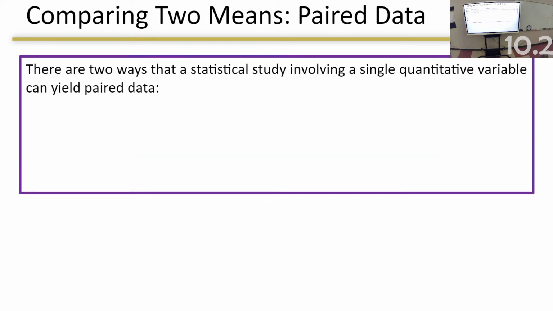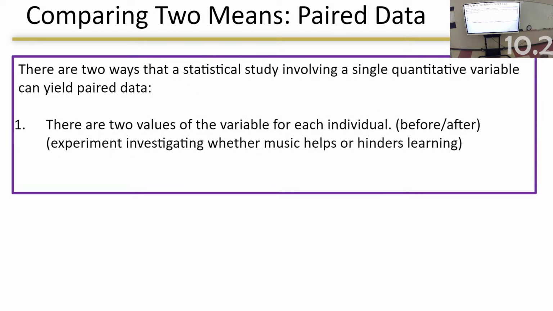There are two ways a statistical study of a variable can yield paired data. We kind of talked about this already, right? Two values from each individual, a before and after. That's always paired. Experiments investigating whether music helps or hinders learning. That means what? What am I looking for when I say that?